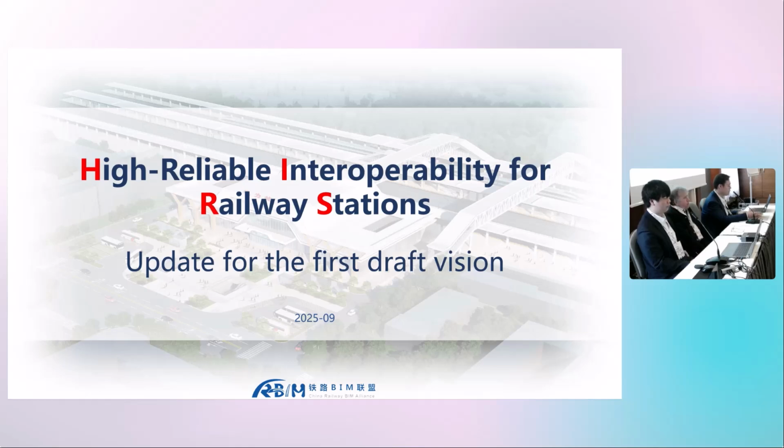After the IFC Rail project, CRBIM was thinking about how to contribute more to buildingSMART and OpenBIM. After a survey of requirements for IFC within China, we decided to focus on the station area, not the station building.